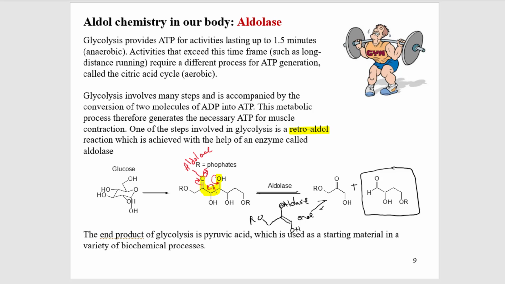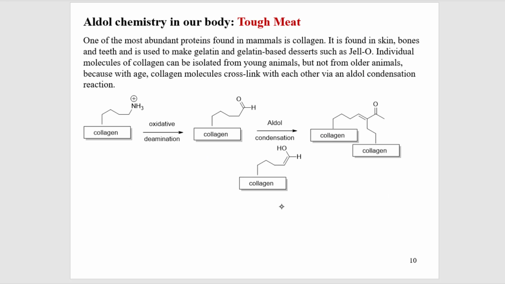So the aldol between these two compounds would give this glucose open chain type molecule, but the aldolase allows for a retroaldol to occur, so breaking these two apart back to their individual pieces. The end product of glycolysis is this pyruvic acid, which is used as a starting material in a lot of biochemical processes. So just to show you that there are enzymes in biochemistry named after this reaction.